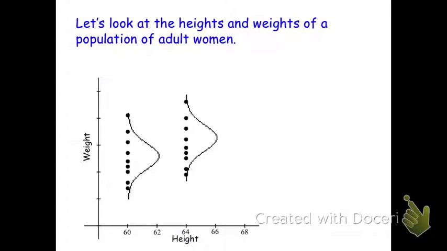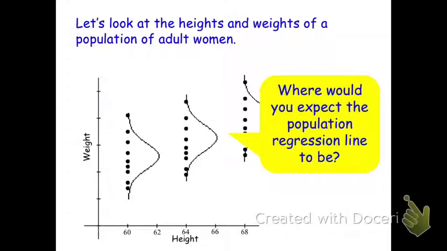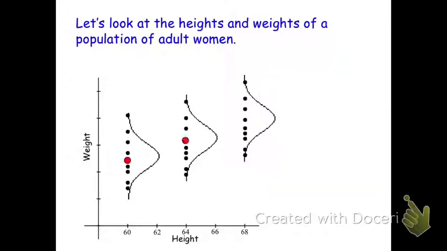So imagine we kept going and we took a new population, and maybe these are just women in the Ukraine. Where would you expect the population regression to be? It would go through the mean of all of my individual x values, so it's going to go through each mean.